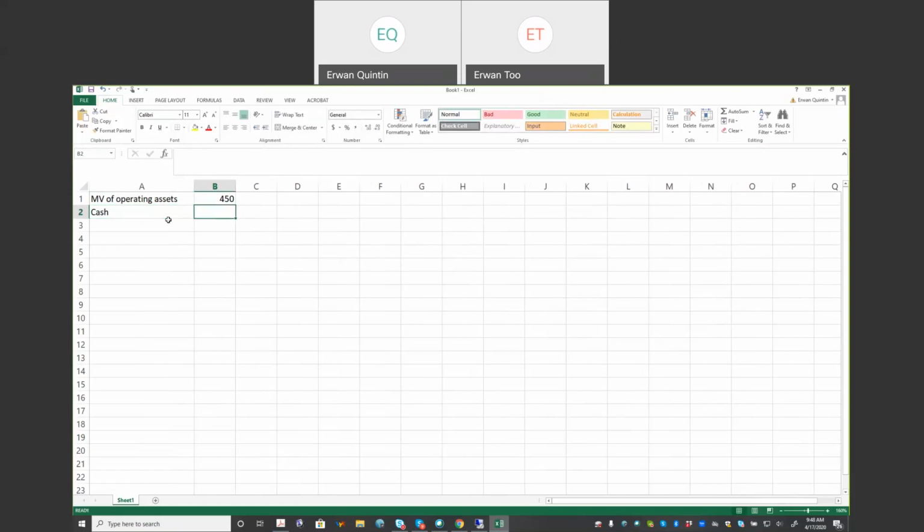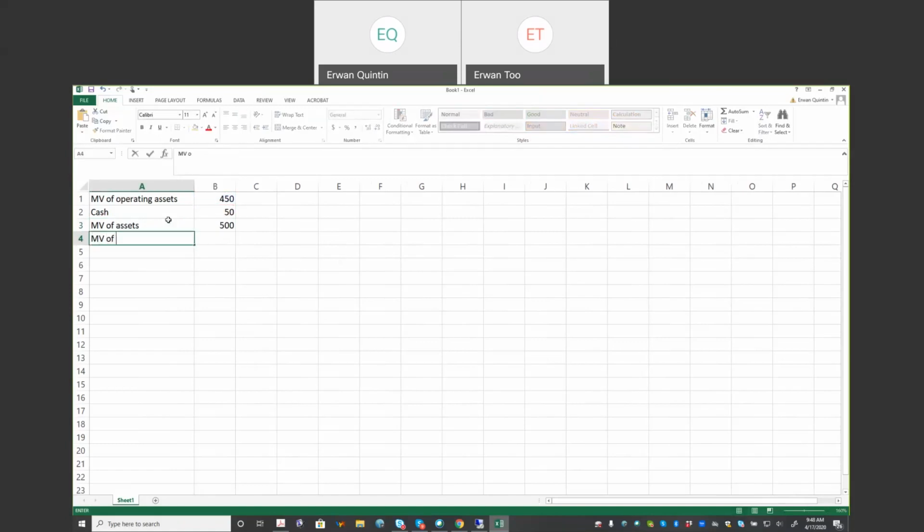So this is going to be excess cash, and that cash is to be worth 50, and that's it. So the market value of the corporation's assets is going to be 500, 450 of which is operating assets, and the rest is excess cash. So that means that the market value of the corporation's assets is, as I said, equal to 450 plus 50. So far, so good.